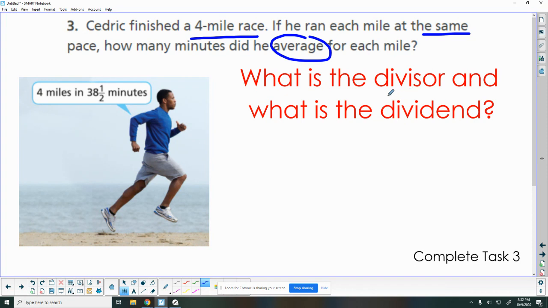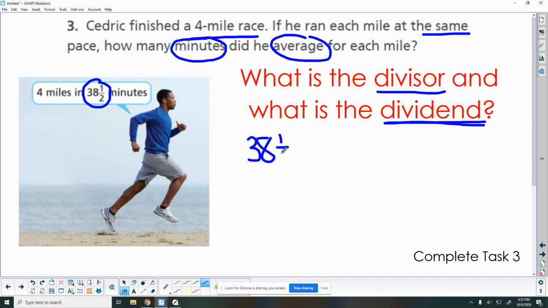So we need to take a second and think about what are we dividing by and what is our total? So think for a second, what is the total? We're looking for how many minutes. So that means our minutes has got to be our total. Here, we know we have this total of 38.5 minutes.